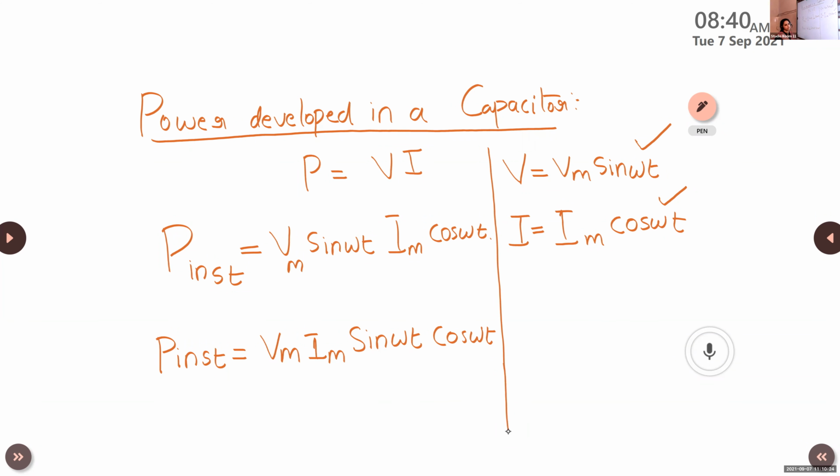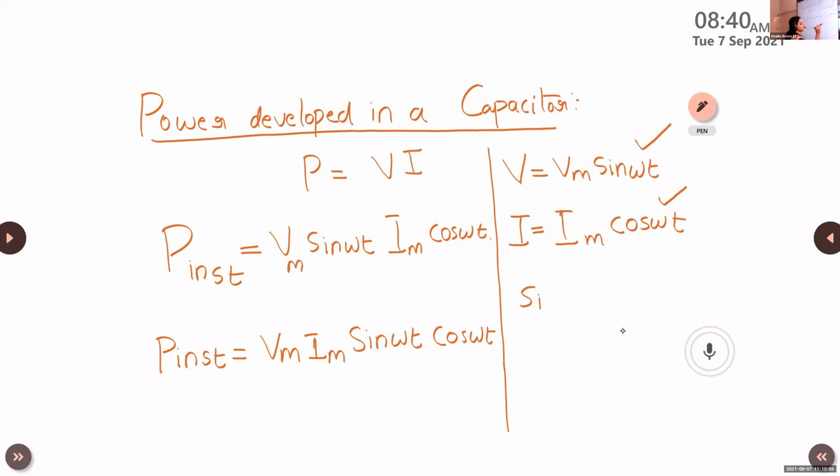What is sin omega t into cos omega t? In trigonometry, what is the value of sin theta into cos theta? You don't need to worry about the angle.